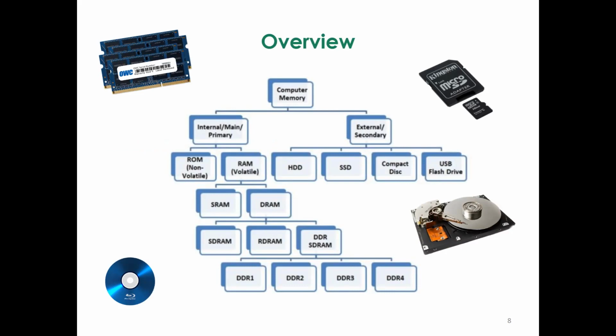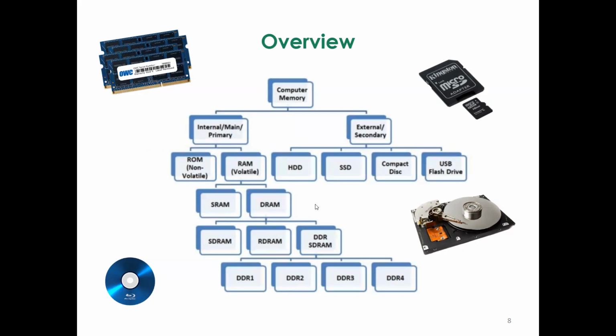So this is an overview of computer memory classified in terms of either it's internal or external. Internal, meaning how it is directly connected to your processor. External meaning it's not directly connected to your processor. There is a controller between your processor and that specific memory technology.